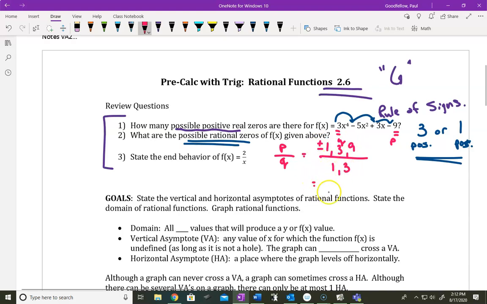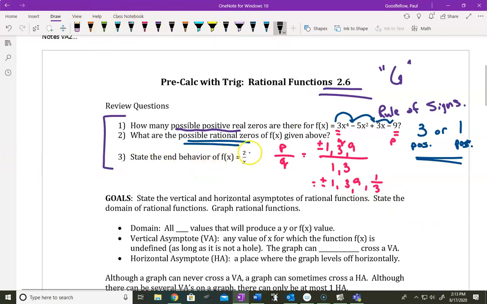If we look at all the possible combinations, we would definitely have plus or minus 1, 3, and 9 by dividing by 1. Then when we divide by 3, we get extra ones of 1/3. The 3 divided by 3 would be 1 again, and the 9 divided by 3 would be 3 again. So ultimately, the possible zeros would be plus or minus 1, 3, 9, and 1/3.